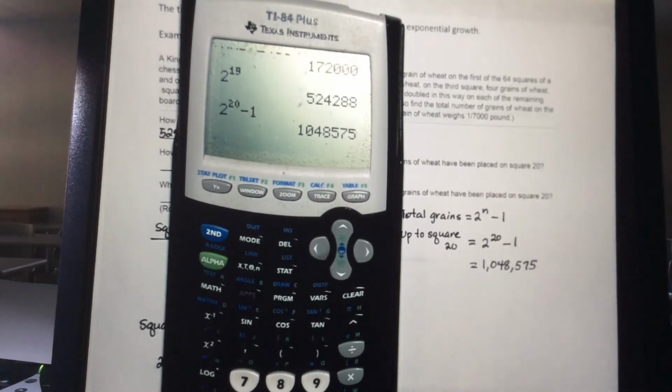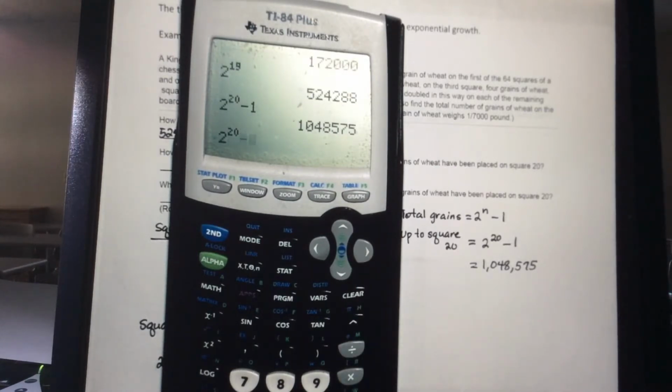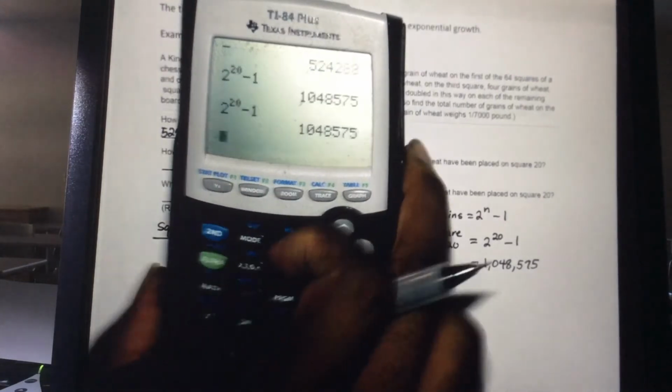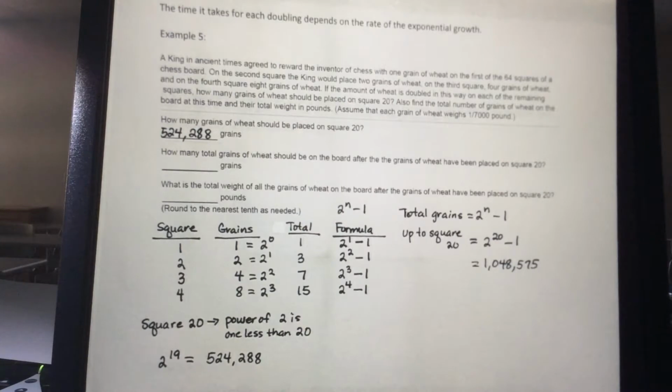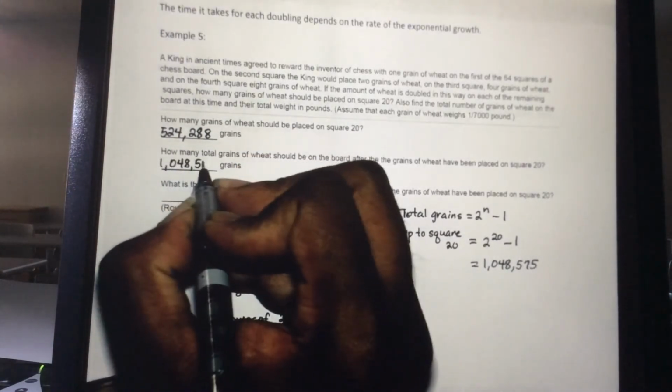So again, 2 and then the hat key and then 20. Right arrow to get out of the exponential, minus 1. So in this case, the total number of grains after the grains of wheat have been placed on square 20 will be 1,048,575.